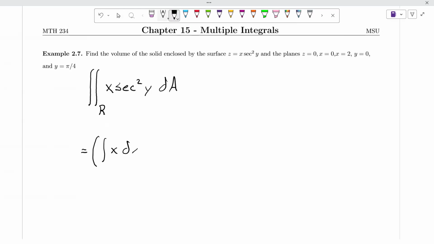So the integral of x dx times the integral of secant squared y dy. And then add in my bounds. So x is from 0 to 2.